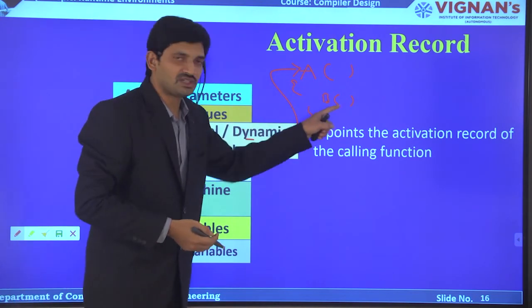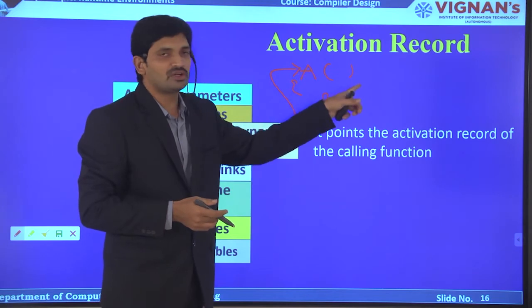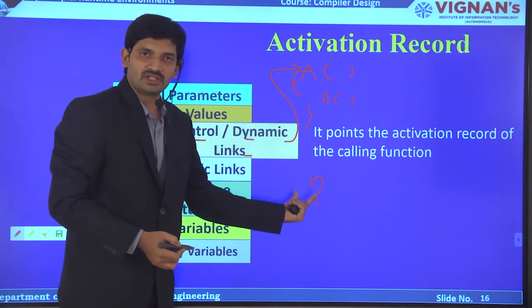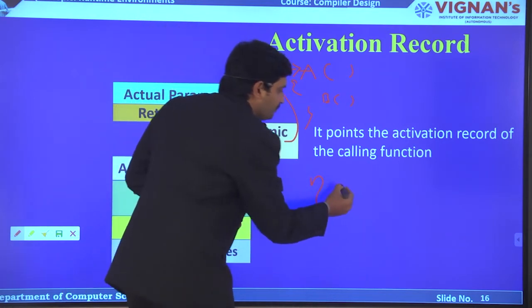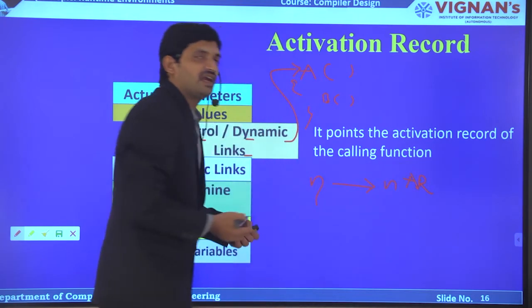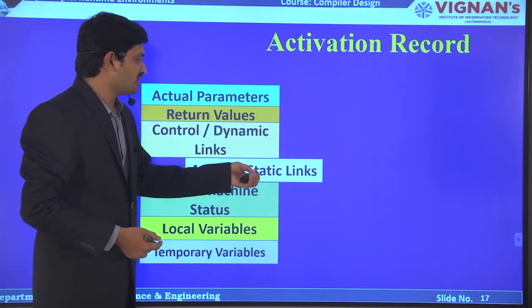So here two functions are there, so two activation records are created and pushed onto the top of the stack. If a program consists of n functions or procedures, then n activation records are created and pushed onto the stack. Now come to the access or static links.